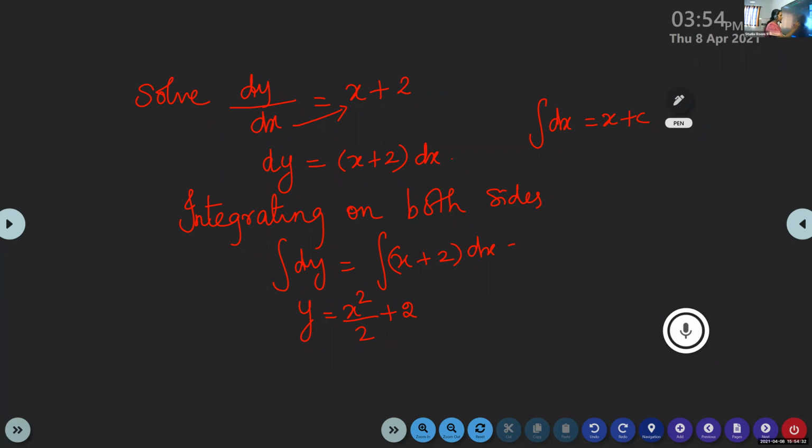If you want, we can split this: integral of x dx plus 2 into integral of dx. You can separate it. So integral of x dx is x square by 2 plus 2 into, what is integral of dx? Karthik.